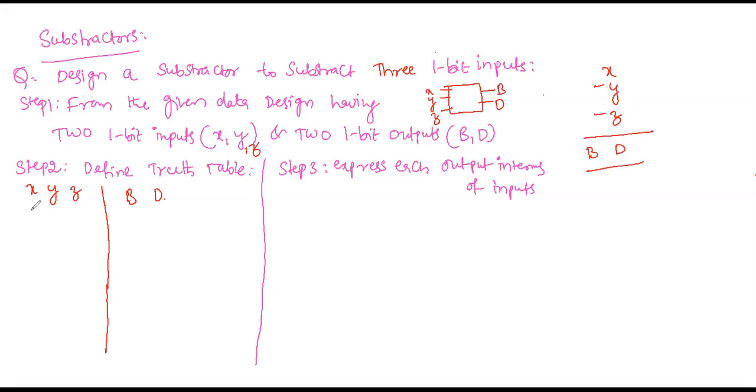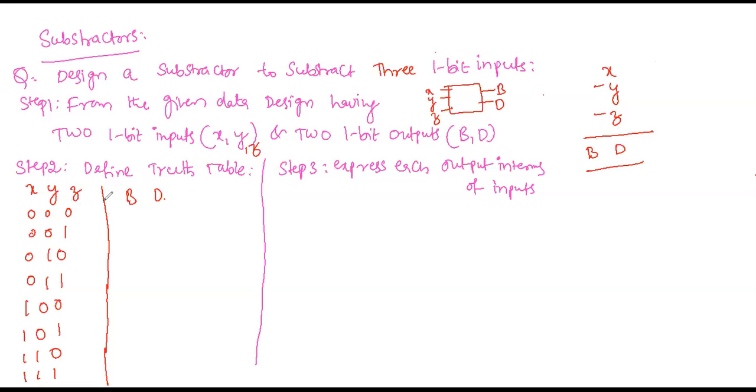With three inputs, we have 8 combinations. Now check each input combination and write down the borrow and difference.